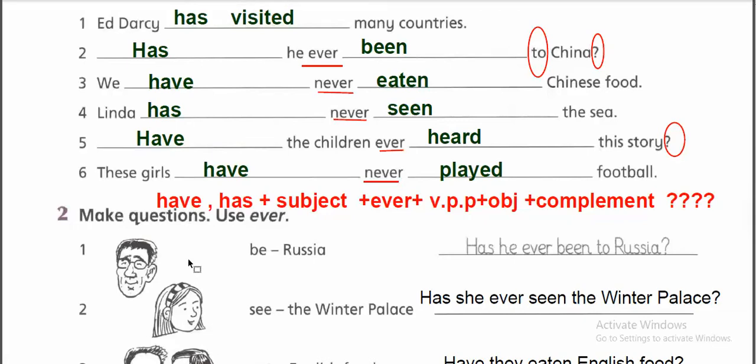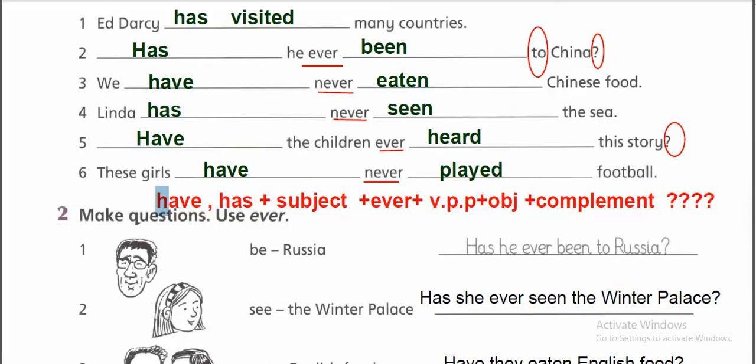Next, make questions using ever. Here, you know that ever is used with questions. Have or has, plus subject, plus ever, plus verb 3 past participle, then an object, then the complement. Because they are questions, we use a capital H at the beginning.